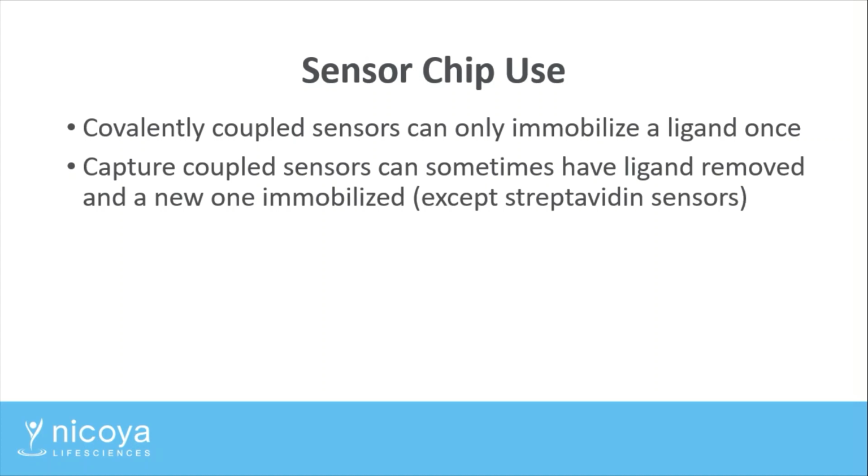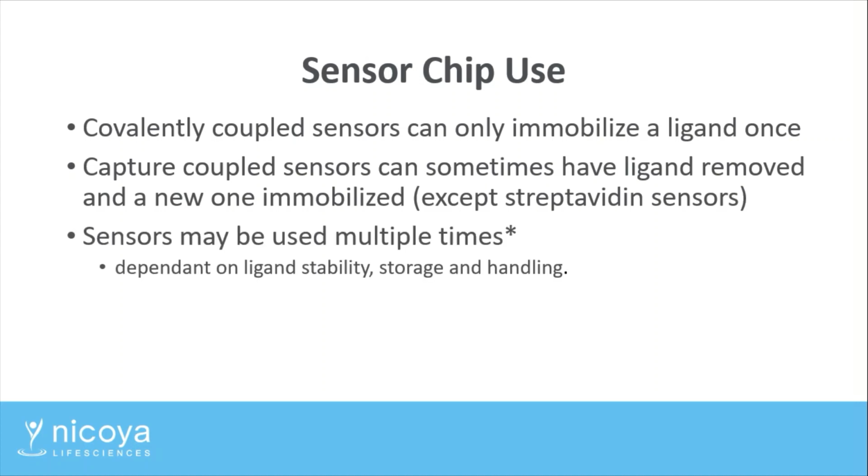Once the ligand has been covalently immobilized, it can no longer be removed from the sensor surface. Thus, covalent capture sensors can only immobilize a ligand once. Ligands that have been immobilized via capture coupling sensors can sometimes be removed and the sensor reused to immobilize a new ligand. However, this cannot be done with the biotin-streptavidin interaction, because this is essentially an irreversible interaction.